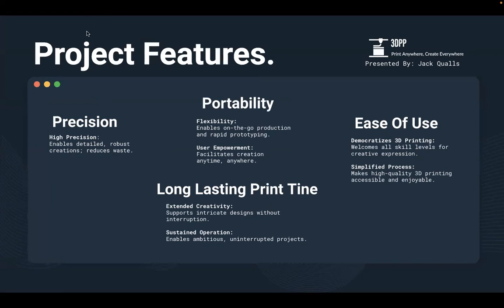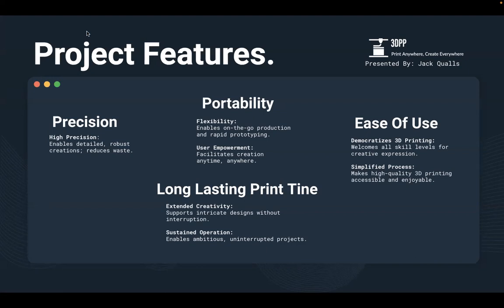So again, our project features portability. We want on-the-go printing. The main feature of this printer is to be able to use it for rapid prototyping. So whether you're going to a competition or just going to your classes, you want to be able to bring this printer with you and work on the go. It facilitates creation anywhere, anytime, while keeping the precision, like I said, with the industry standard, and reducing the amount of waste and excess filament you'll be using.